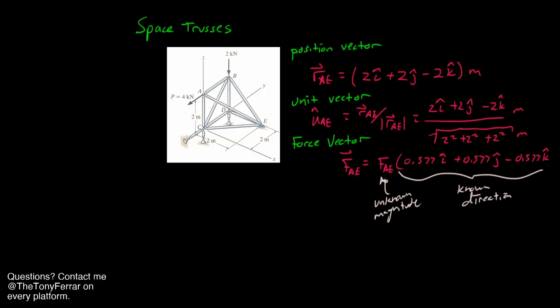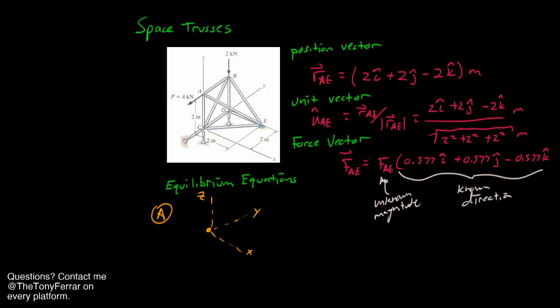So from here, what we're going to do is break out our trusty equilibrium equations. So if we wanted to, say, look at joint A, we would start with a coordinate system. Got Z here, X here, Y there.